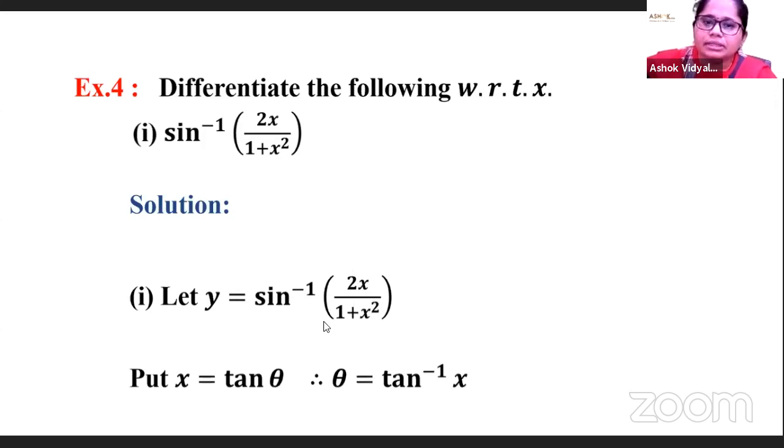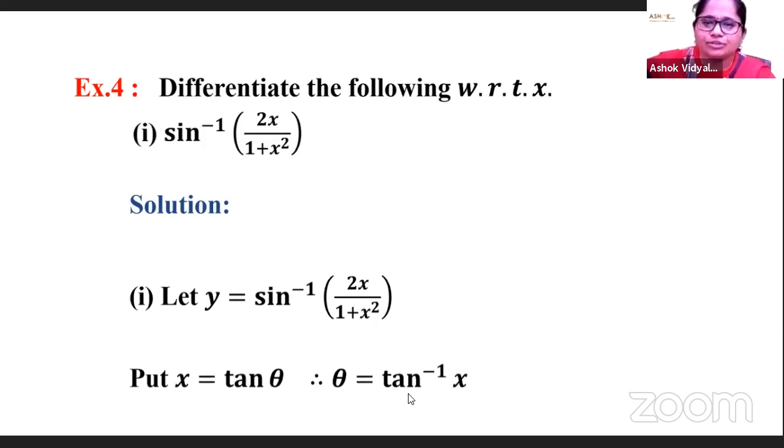Because in this bracket expression, the form 2 tan θ/(1 + tan²θ) is the formula for sin 2θ. We can use the formula for sin 2θ here. Hence, we put x = tan θ.